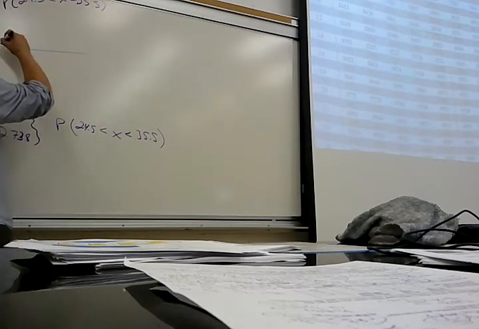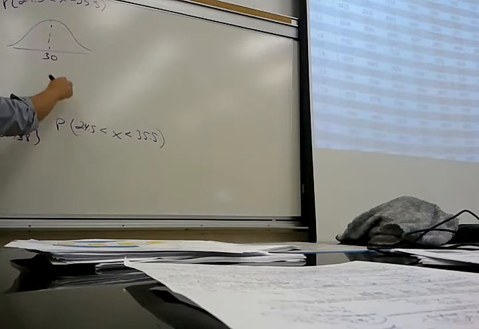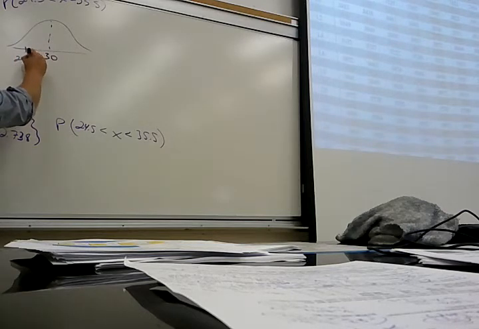What's the picture going to look like? What's going to be right in the middle? Which is 30. Not 0 right now, because we're dealing with raw scores. When I convert them to z-scores, I'll put a 0 down there, right? So the mean is right in the middle, 30. And then I put on there my 24.5 and my 35.5. So I want this area here.